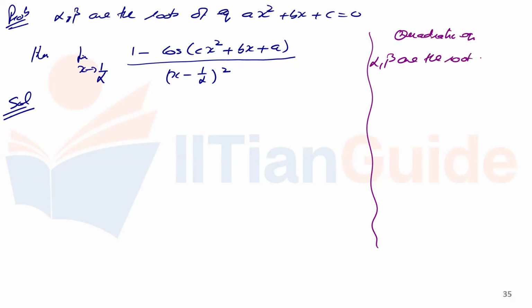अल्फा बीटा आर द रूट्स of equation ax square plus bx plus c to be 0.